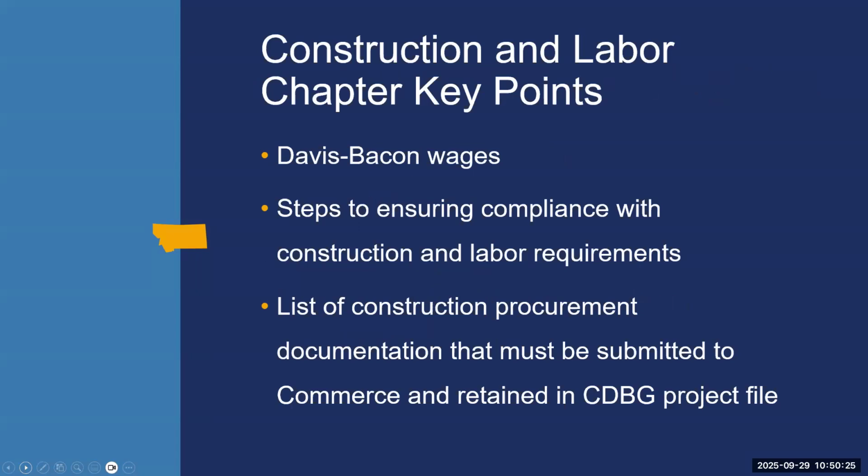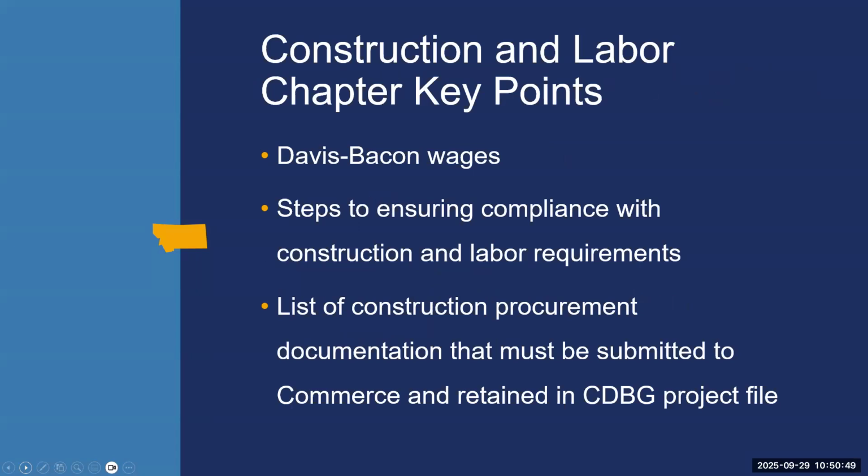The construction and labor chapter starts out with a discussion of the key requirements related to the federal Davis-Bacon wage compliance. Then we provide a detailed chronological outline of 15 steps you need to take in order to comply with the state and federal construction and labor requirements as you move through the life of your project.